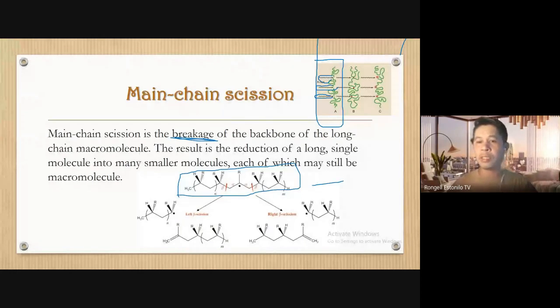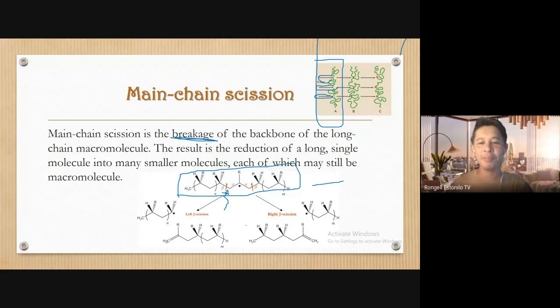So if there is the reaction of radiation, X-ray can break apart the long chain macromolecule. The 22 amino acids can be separated, one by one or by group.